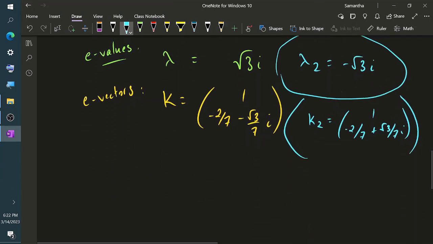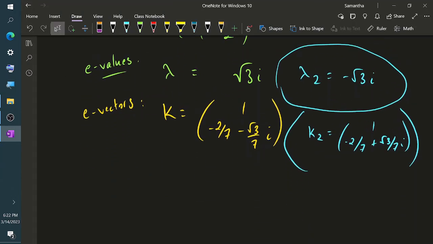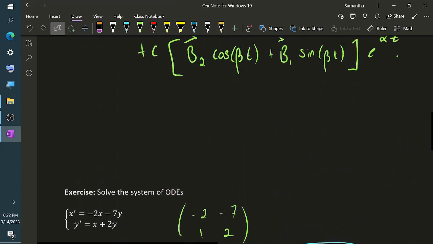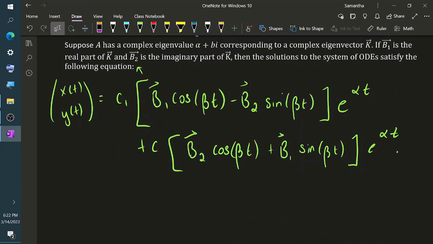So I'm going to work with this main eigenvalue and this main eigenvector, and I'm going to identify what the theorem called alpha and beta and B1 and B2, and then all I have to do is slot those values into the correct places in this equation, and I will have solved the system.